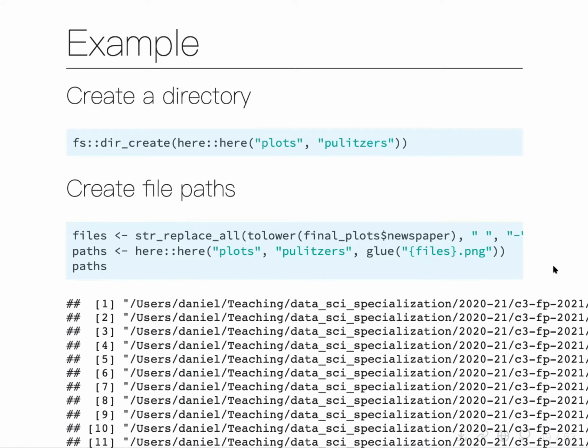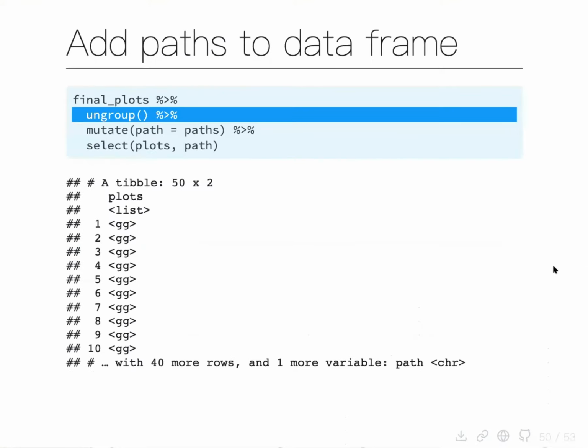Now I have my vector of paths, and what I could do is just add that vector of paths to my data frame. I'm saying final plots, and I do have to ungroup it because it's a row-wise data frame. If I tried to add this without ungrouping, it would think I was trying to add, however long this is, 50 I guess, 50 paths to the first row, and then 50 paths to the second row, right?